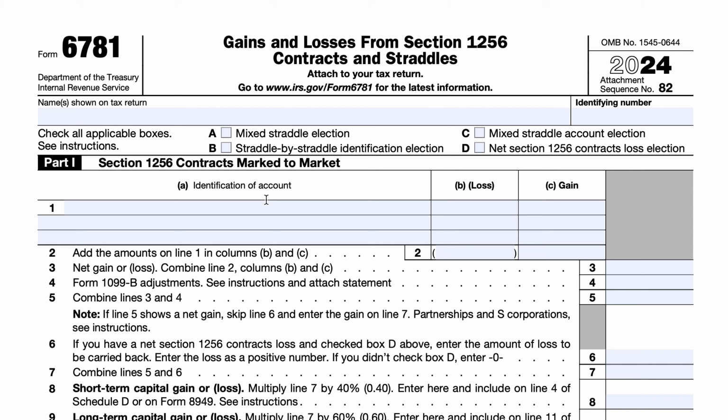So, if this is a situation that applies to you and this is your first time, this might be very well worth hiring an accountant, like a CPA or an enrolled agent, to prepare your tax return for that year, and then circle back to explain to you what goes into the Form 6781 to report those gains and losses.